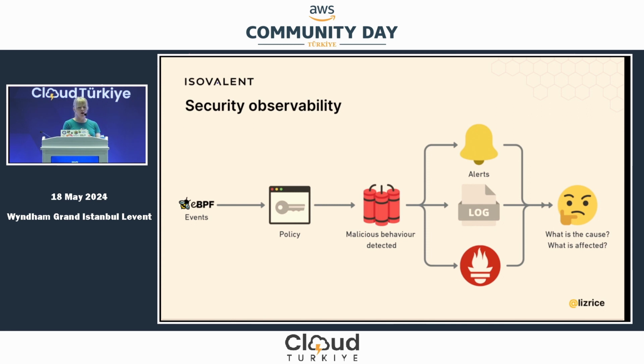Or we might have a policy that says we want to know if we're sending a network message to a suspicious-looking endpoint. So we compare the events against policy, and if they're outside of the policy, then they're malicious, and that's when we want to do something about it, tell the user about these events, maybe create some alarms or logs or metrics for understanding how often these events are taking place.